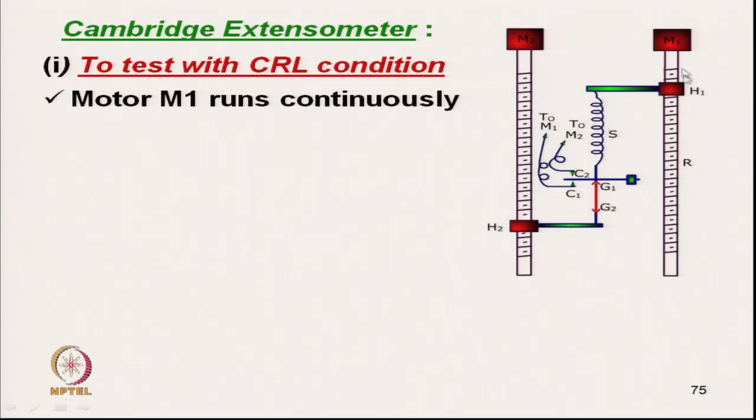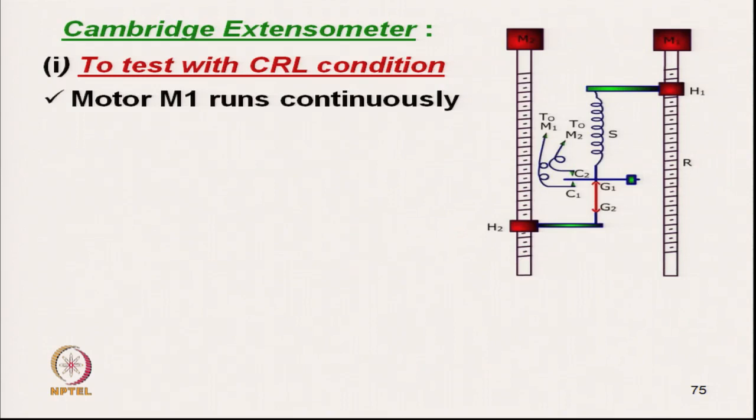One rod is driven by motor M1 and the other rod is driven by motor M2. When the instrument is supposed to work on the CRL principle, the motor M1 rotates continuously and motor M2, in the normal case, remains stopped.